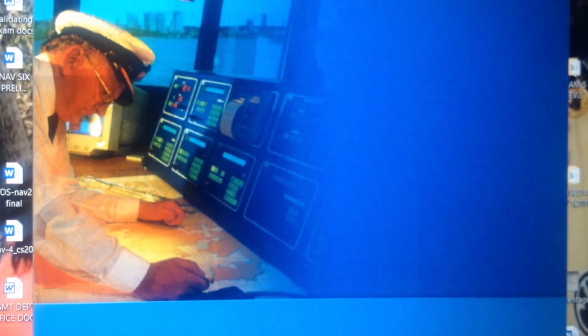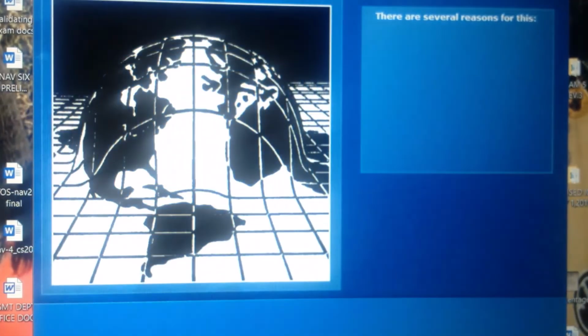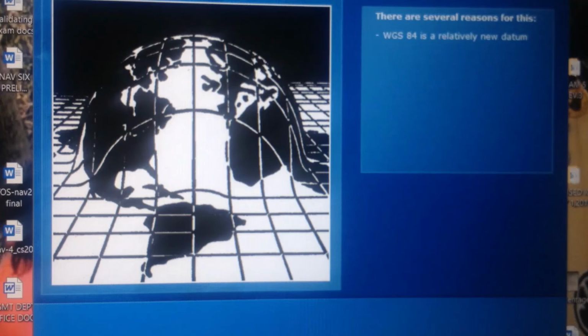Seen from a navigator's point of view, all charts should have been referenced to WGS84. However, this is not likely to happen for many years. There are several reasons for this. WGS84 is a relatively new datum.